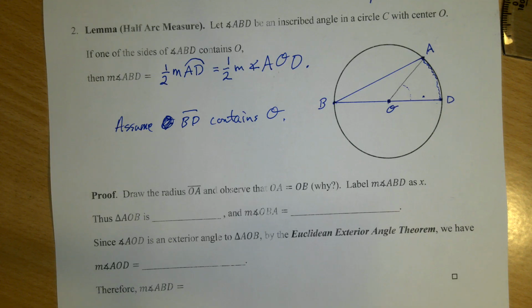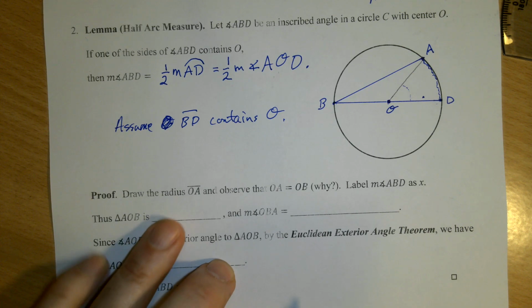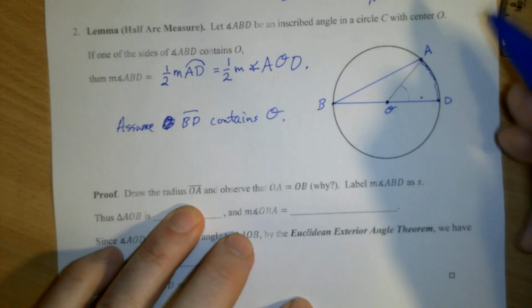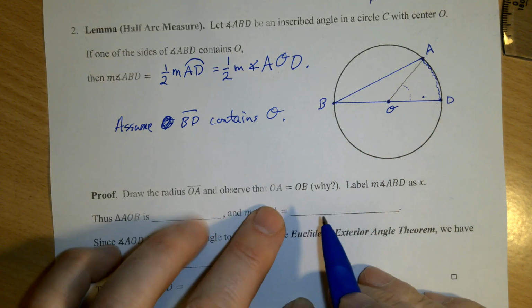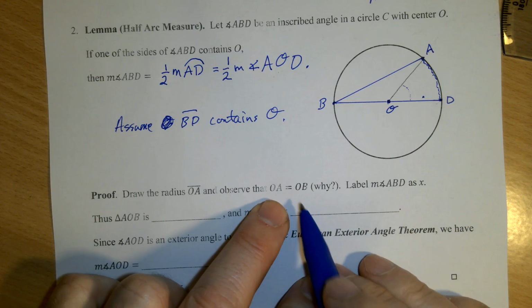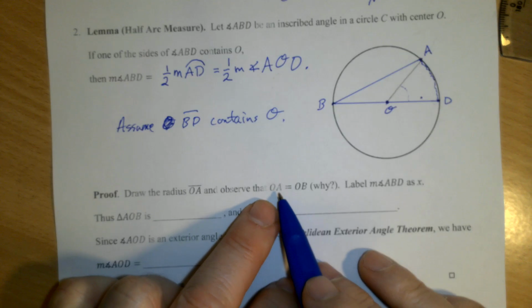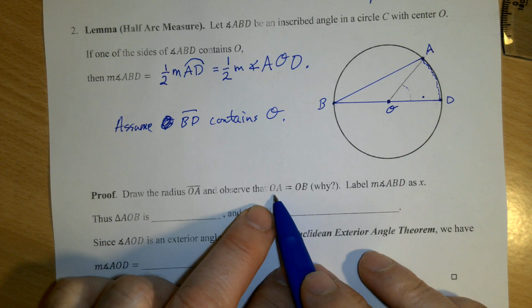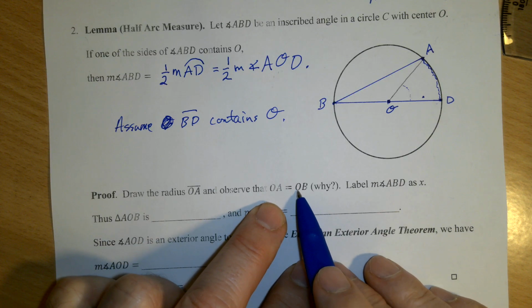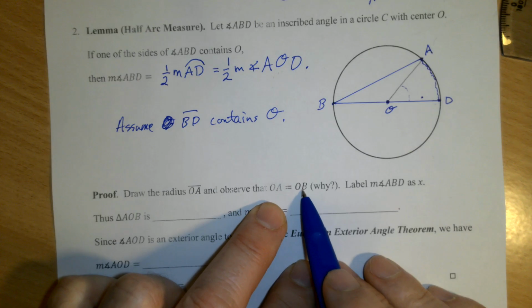All right, now draw the radius OA, which we did already, and observe that OA is equal to OB. Remember what this means? The distance from O to A, or the measure of line segment OA, is equal to the distance from O to B. Why is that true?